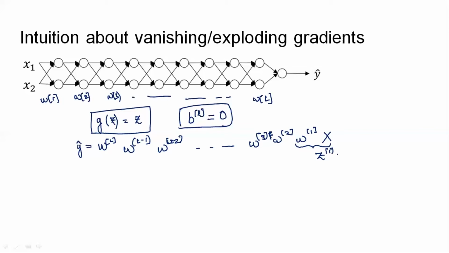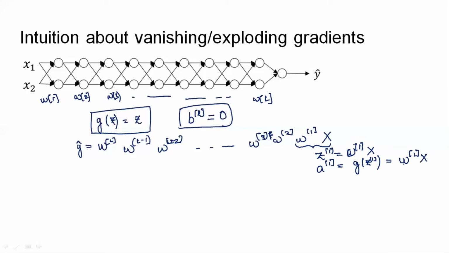So Z1 equals W1 into X. And now if I want to write my final output, my A1 would be equal to G of Z1, where Z1 is W1 into my input feature vector X.